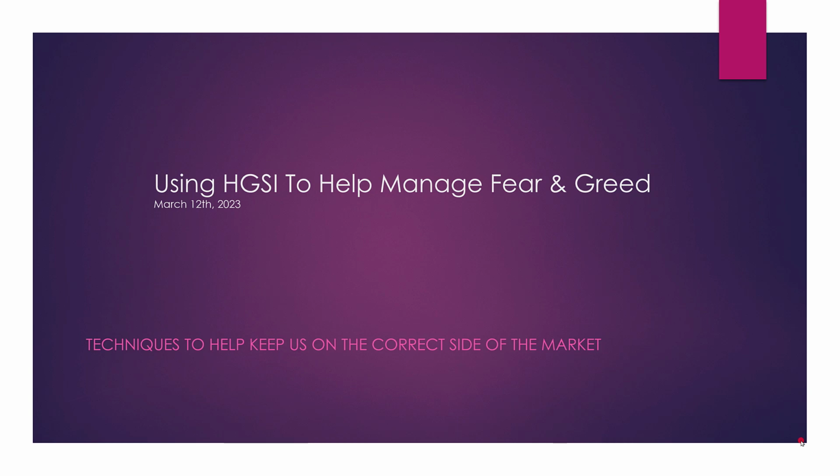And I'm going to do something a little bit different today as far as market analysis. I'll try to keep this relatively short also, but I want to show you some new things that I'm doing for market analysis in particular and stocks also. I call this using HGSI to help manage fear and greed. This goes back to some workshop material from 2015.